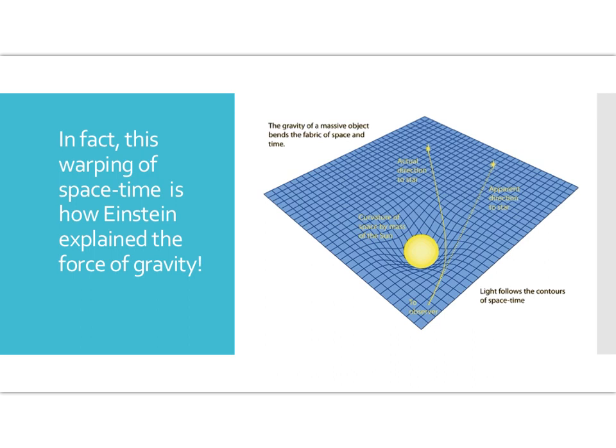You might remember that at some point we talked about the force of gravity being the force between two objects, and we had an equation to calculate the force of gravity.